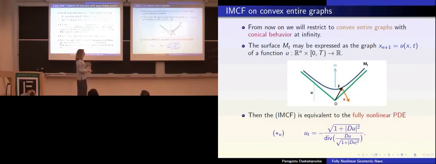Okay, now, let's take a little look at the PDE. If you use the height function as a graph, as a function of x in R^n, then it's inverse mean curvature flow, so this is the equation. In regular mean curvature flow, you have this on top.